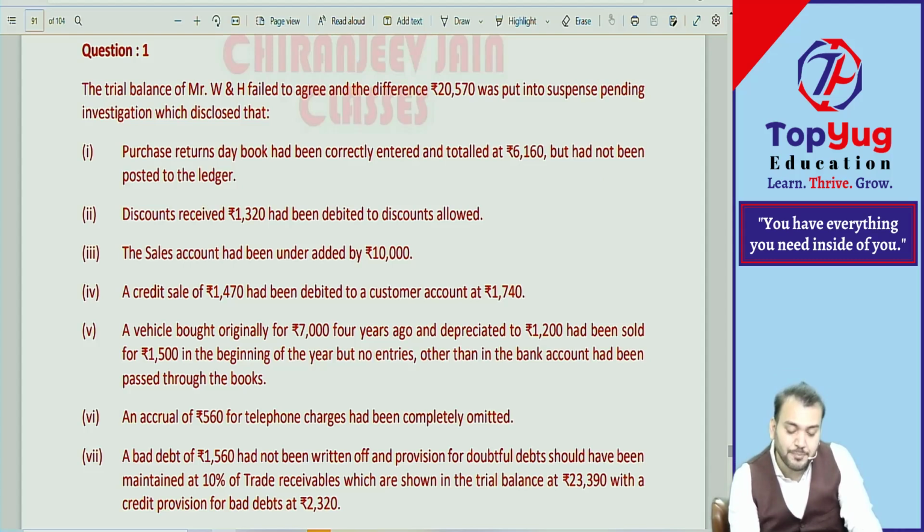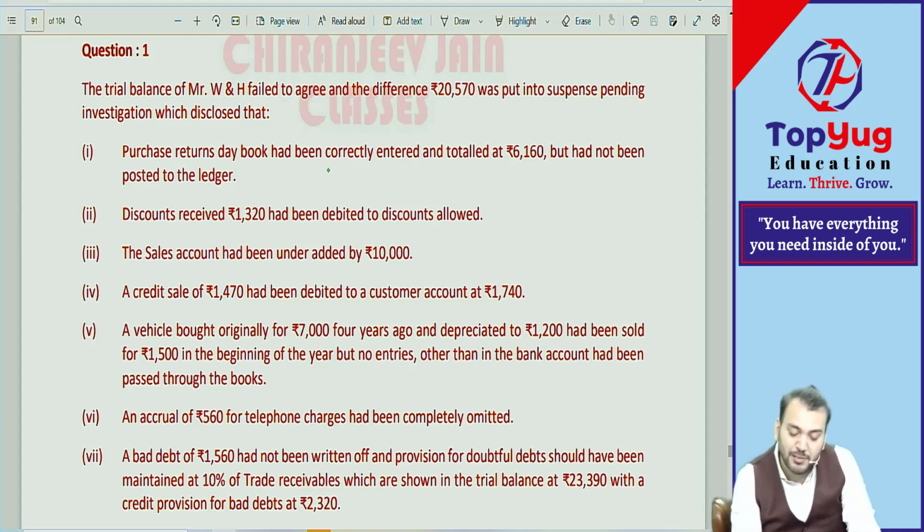Now one doubt will come: it has not been posted to which account? The creditor account, the purchase return account, or both? Have you understood the doubt?